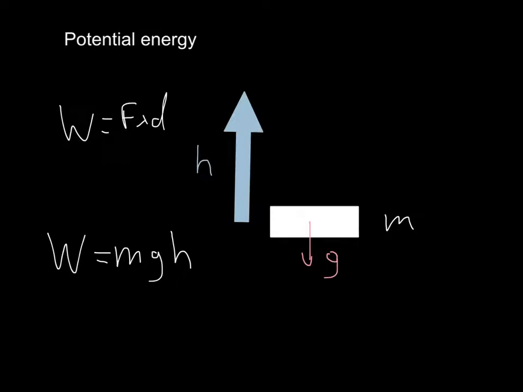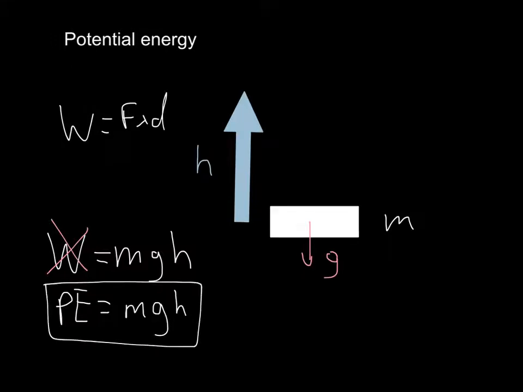Therefore, I'm going to get rid of this symbol, work, and I'm going to call this potential energy, or PE. I just showed you that the potential energy that a box gains when I raise it to a height h is its mass times gravity times the height. And this goes for any object that I lift a height h.